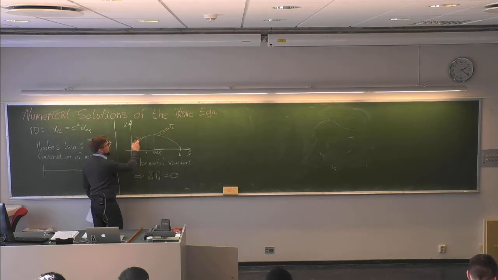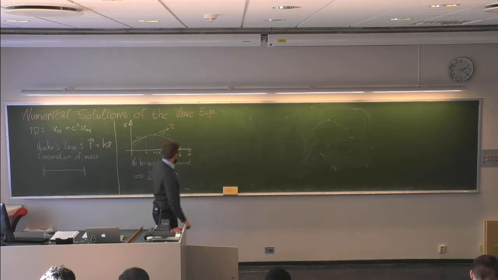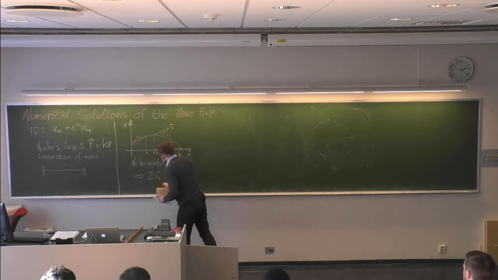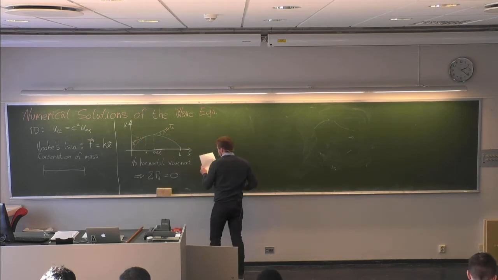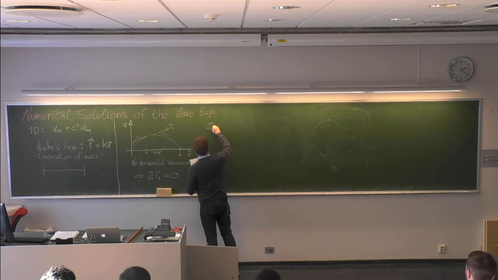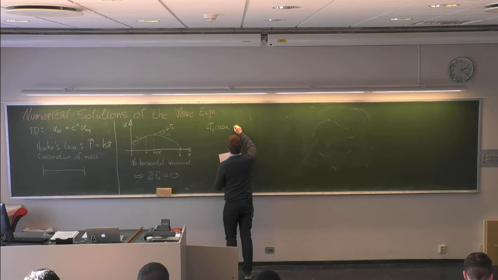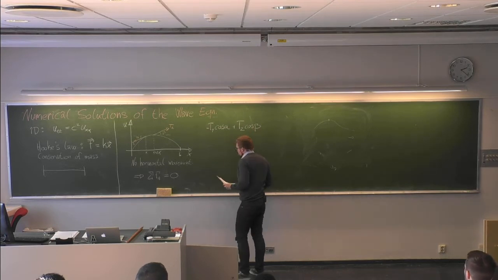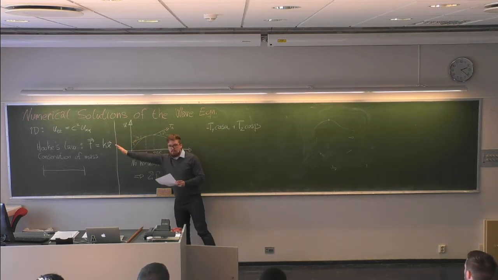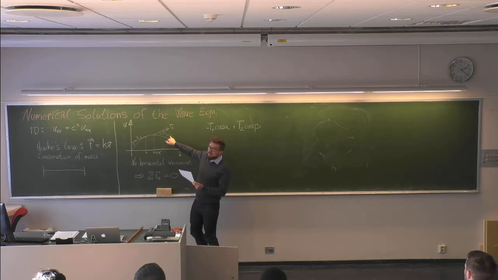So when we sum forces going left and right, they should be 0. This means that the forces acting horizontally here are minus T1 cosine of alpha and plus T2 cosine of beta. This is because this force acts to the left and this force acts to the right. So this gives us this component.